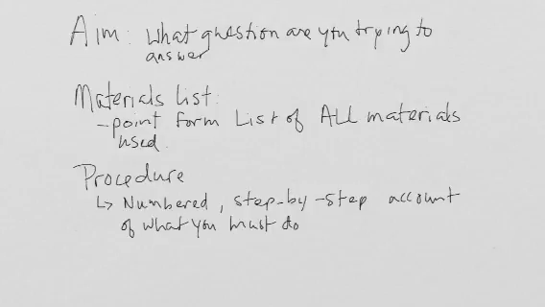Otherwise, how is somebody supposed to know that that's what you did if you don't actually list it? So remember that. If you're rinsing things off in between sample 1 and sample 2 or whatever, you need to state that that has to be done in your procedure. Otherwise, no assumptions are made here that you will have done that.